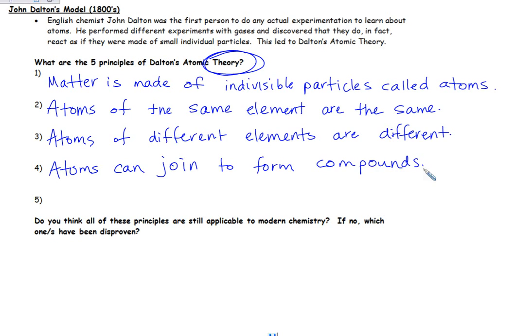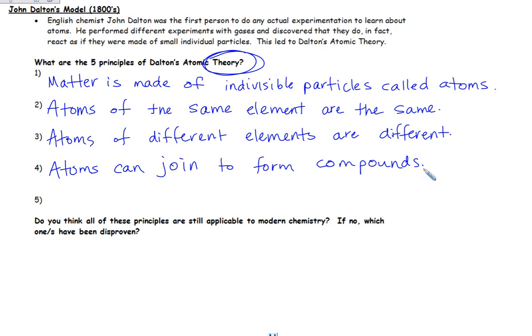A group of different atoms chemically joined together. Because again, now you say, well, okay, here's these compounds, and they have new properties. The property of carbon dioxide is not the same as carbon or oxygen. So I must be able to join these atoms to form compounds. In a compound, we have new properties. I'm okay with that thought. Yeah, you could chemically mix atoms together and form compounds with new properties.